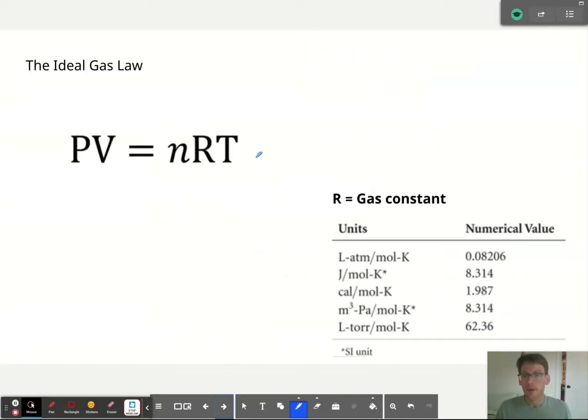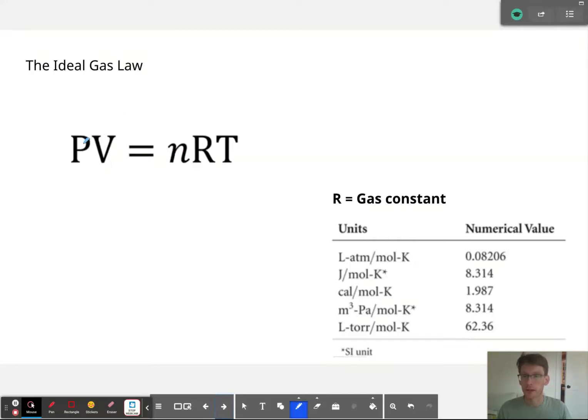Avogadro's law is useful in getting us to what's called the ideal gas law, which does not relate initial conditions to final conditions of a gas given some change in temperature, pressure, and/or volume. This will just tell us properties of a gas at some constant state, which does require the number of moles.